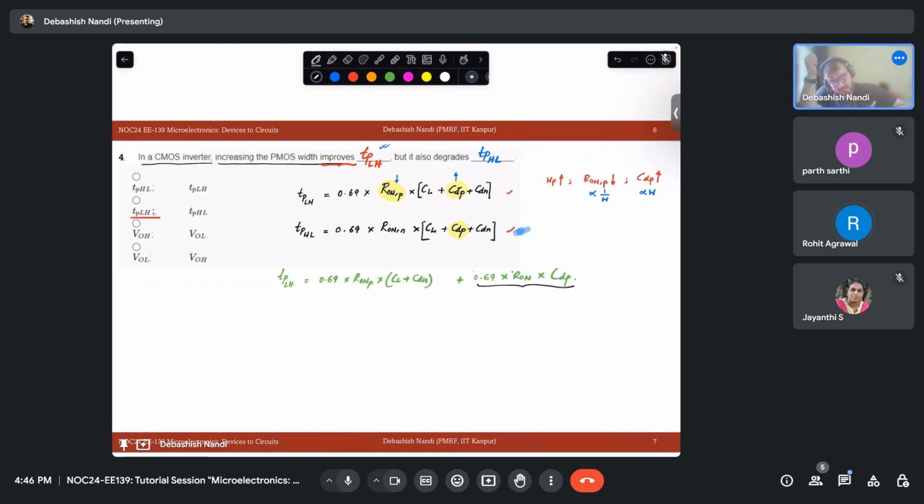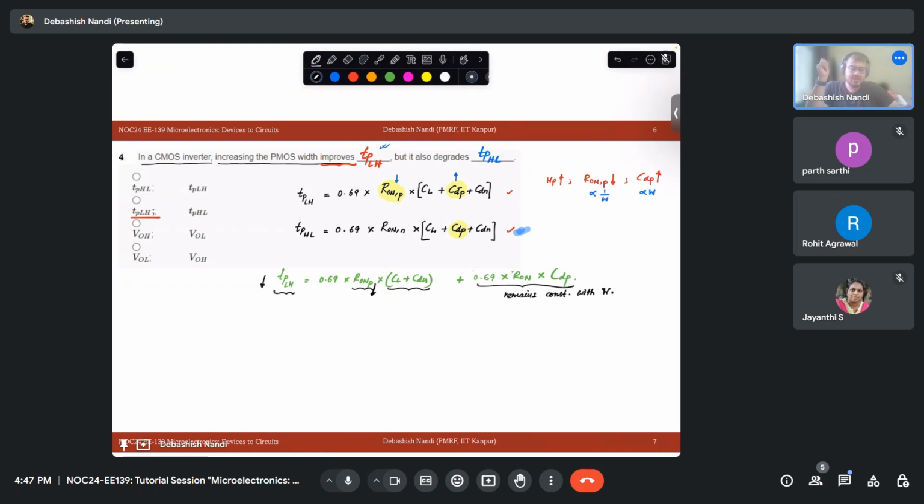This part remains constant with W, right? Yes, sir. And this part decreases with W. So TPLH is decreasing or increasing? Decreasing, right?